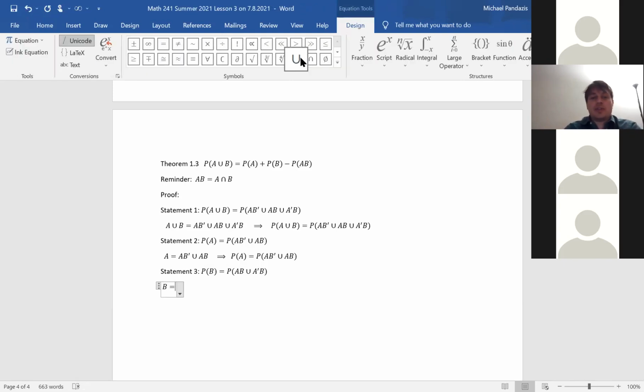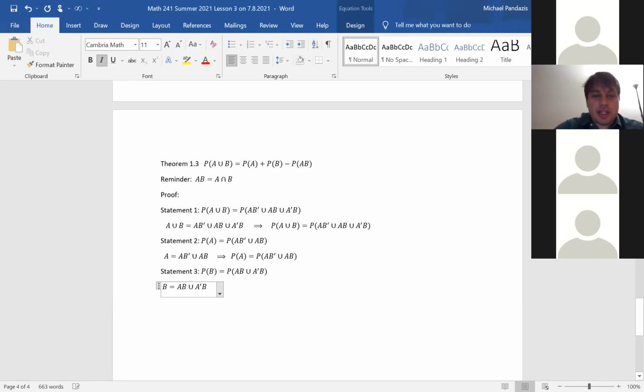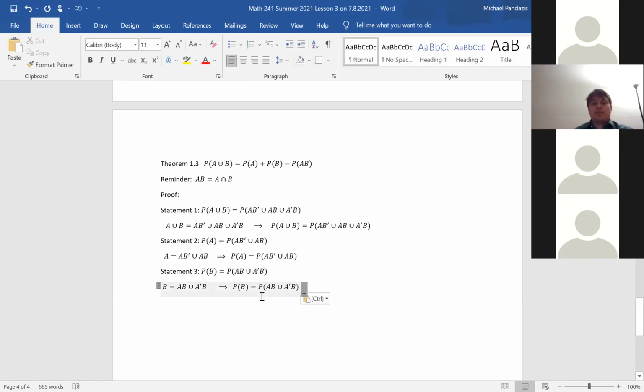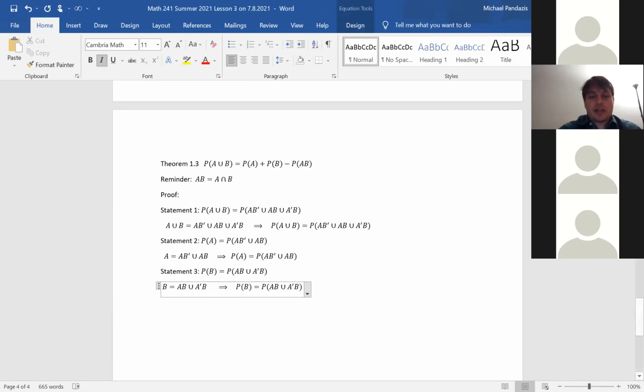So B is equal to AB union A prime B. And that implies that P of B is equal to P of AB union A prime B. Okay, and so on the whiteboard, I'm now going to show this equality.